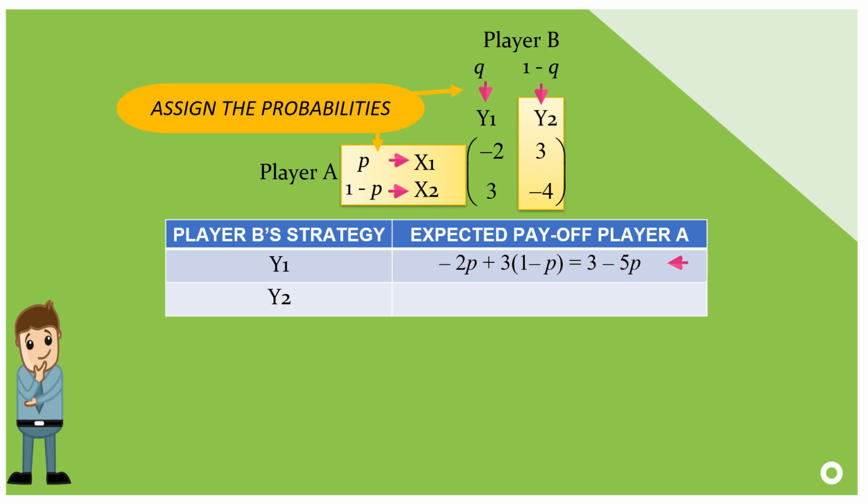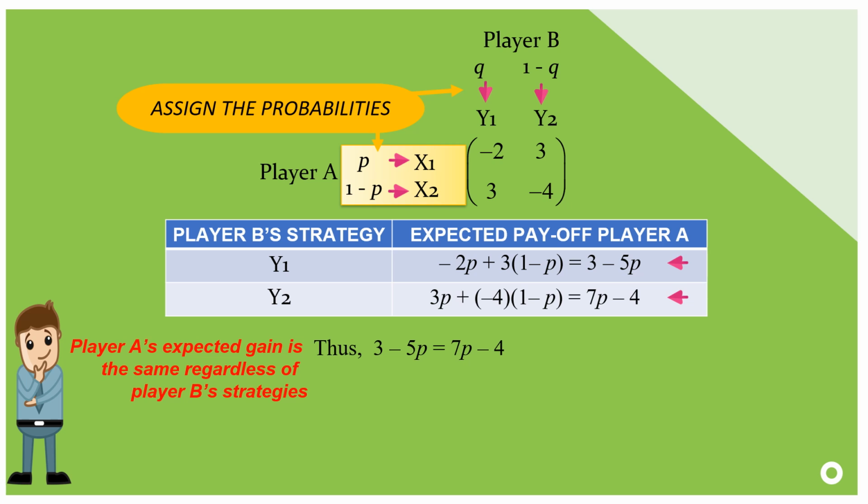If B plays Y2, then the expected payoff for player A is 3P plus -4 times 1 minus P, which gives us 7P minus 4. Equalizing, since player A's expected gain is the same regardless of player B's strategy, we have P equals 7/12.